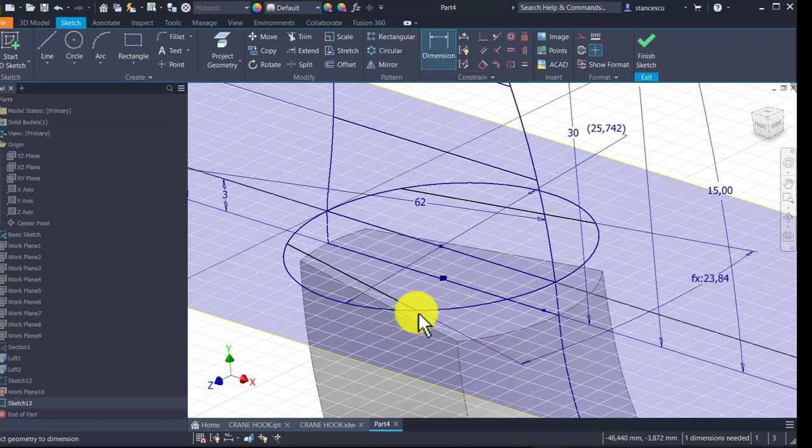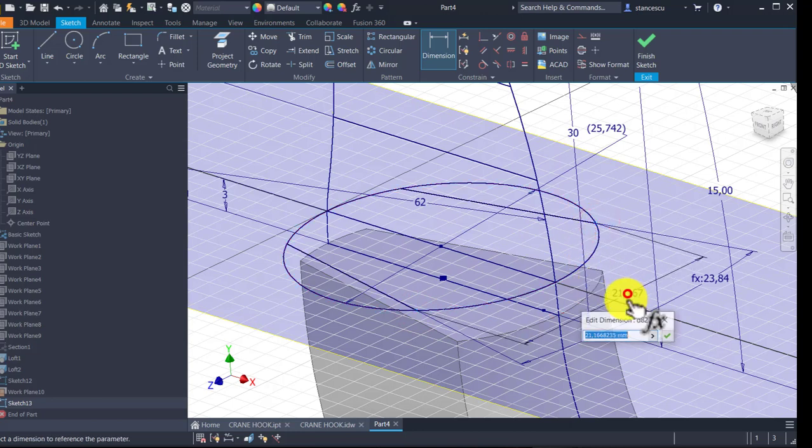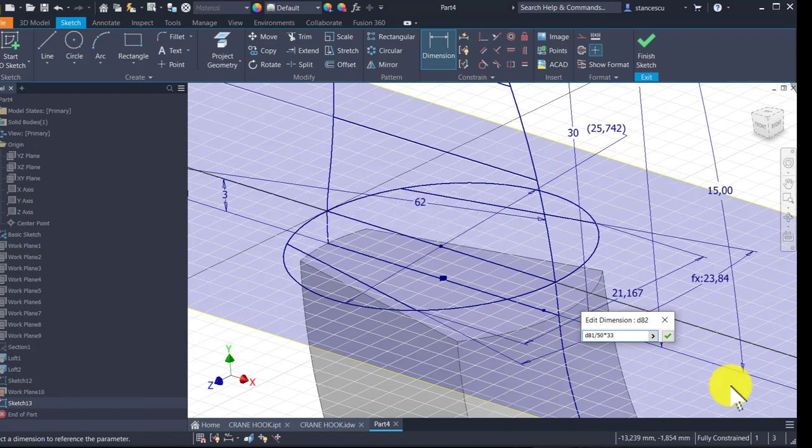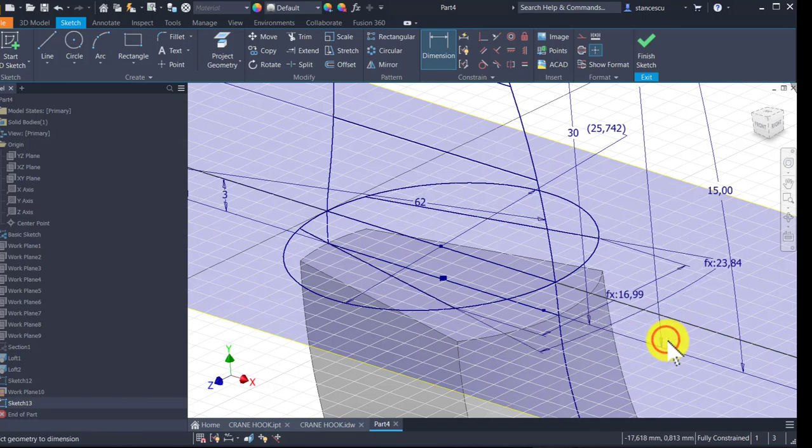Then the expression, which is this driven dimension, and Control V because the computer memorizes.